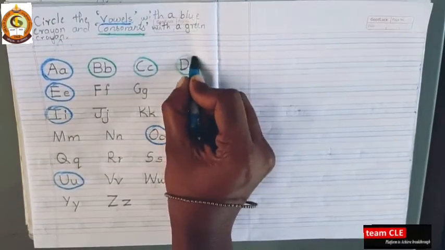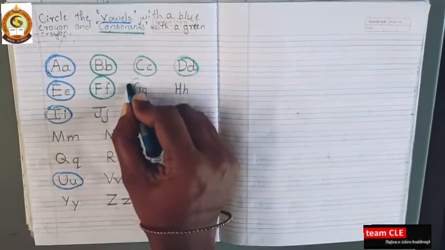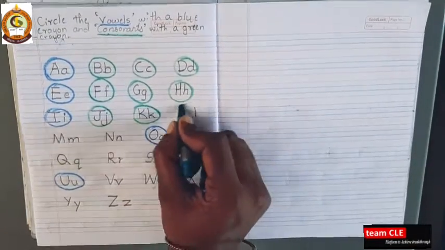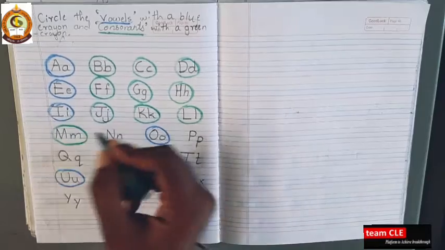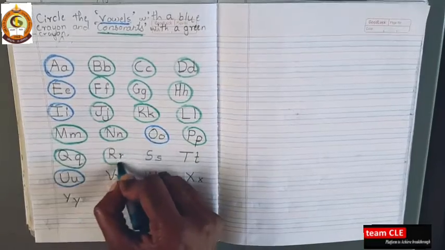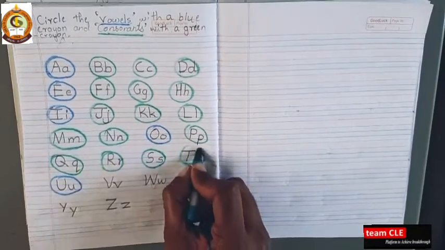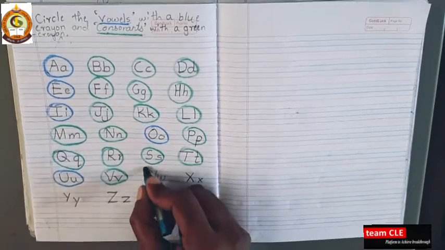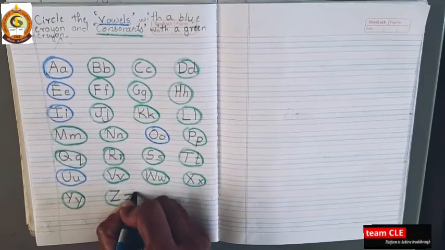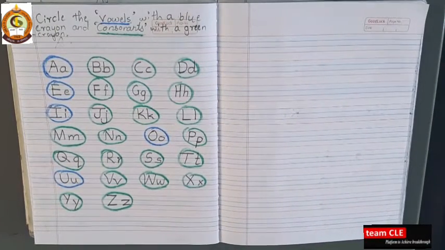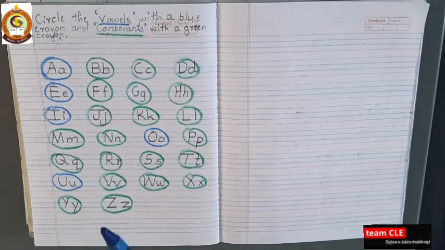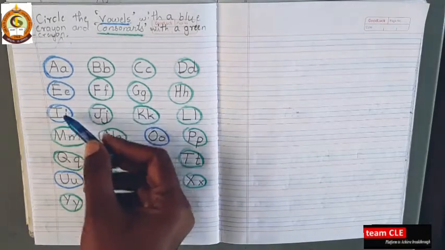B, C, D, F, G, H, J, K, L, M, N, P, Q, R, S, T, V, W, X, Y, Z. So like this you have to circle the consonants with the green color crayons, and with the blue color crayons we have to circle the vowels.